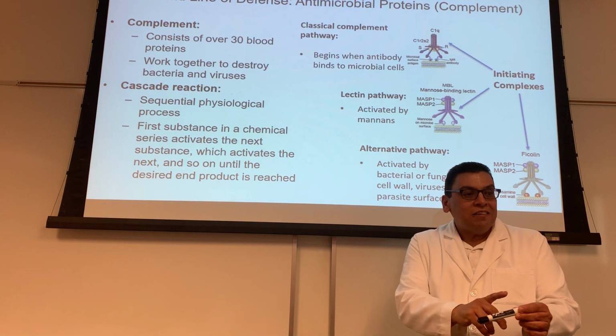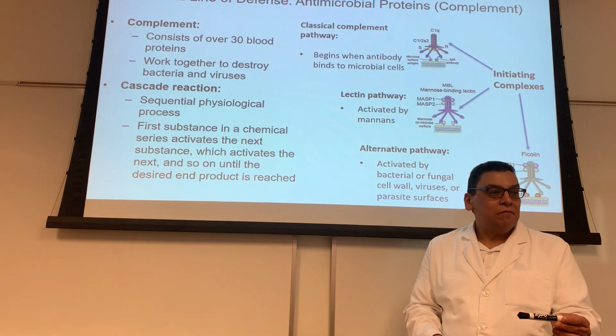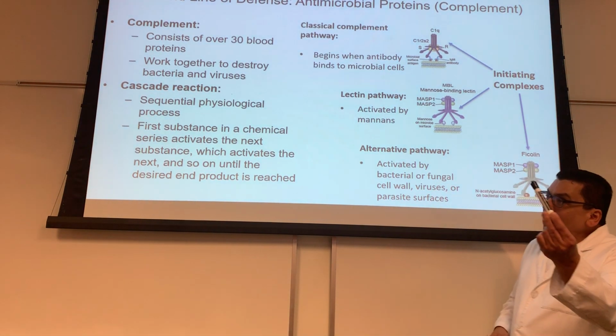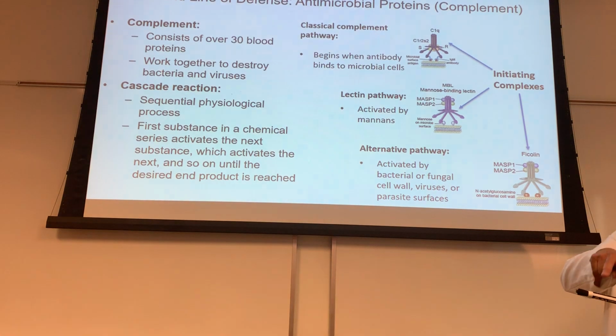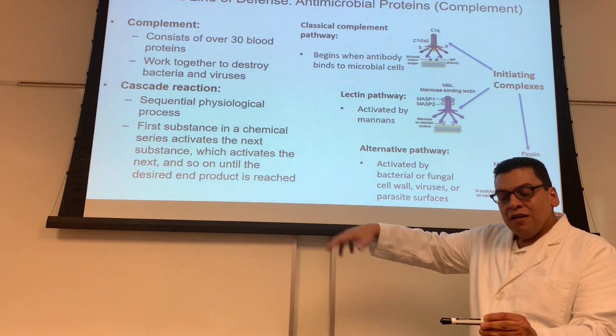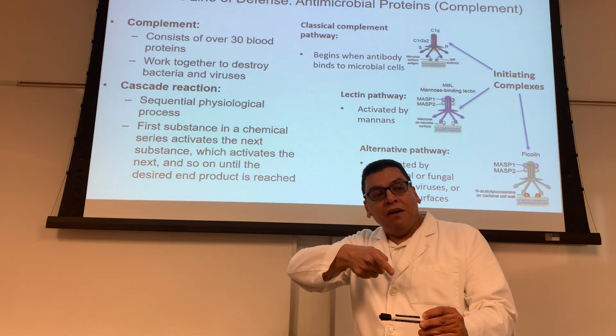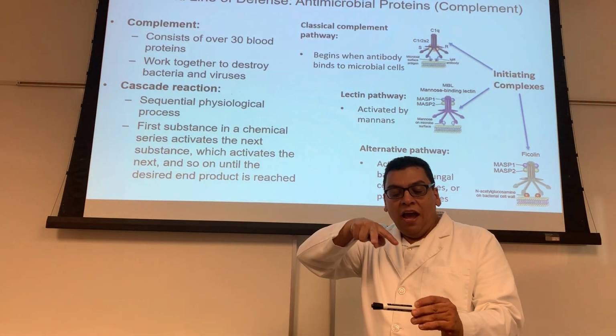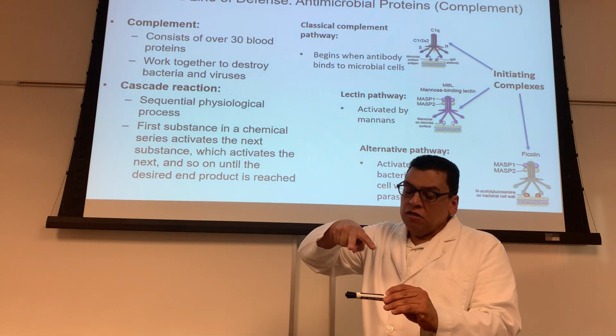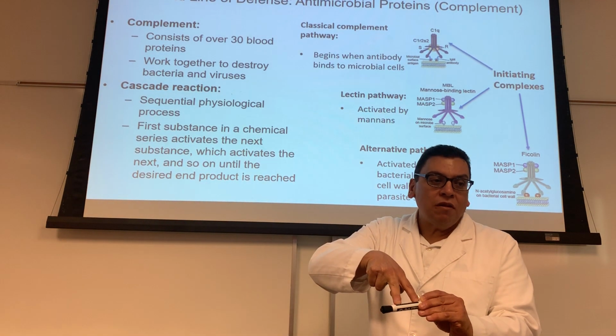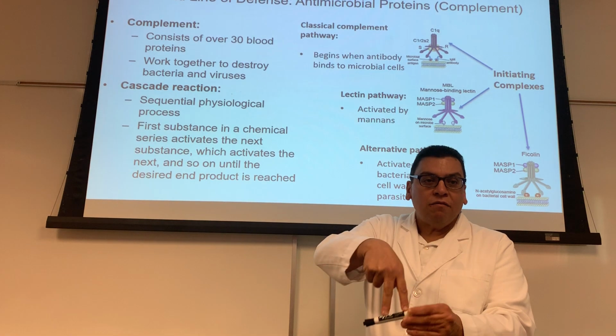It's not marked for destruction. How do we mark this guy? We attach antibodies to it. The B cells will produce antibodies that recognize, oh, that's bacteria. The antibodies, which are Y-shaped structures, will bind to the bacteria, marking it for destruction.